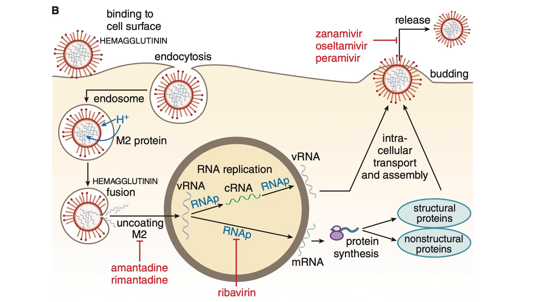This is a protein that allows the influenza virus to bind to the host cell surface. Upon binding to the host cell's glycoproteins, the entire virus is endocytosed and it forms an endosome, or technically just a vesicle.